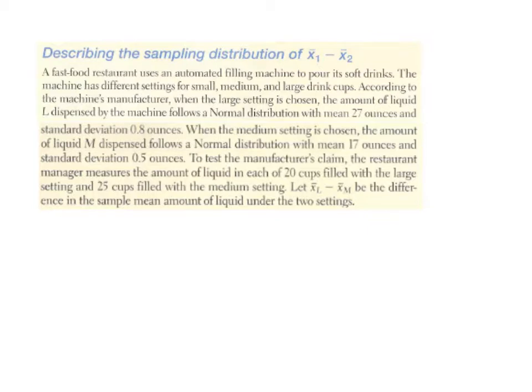So take a second and read this example about the fast food restaurant. Okay, so for this question, we are asked in part A to describe the shape of the sampling distribution. The shape of this particular sampling distribution is going to be normal, and I know that because my populations are both normal.